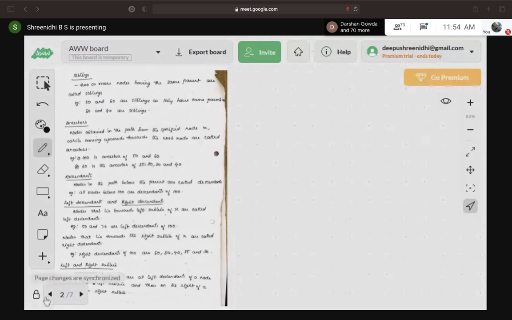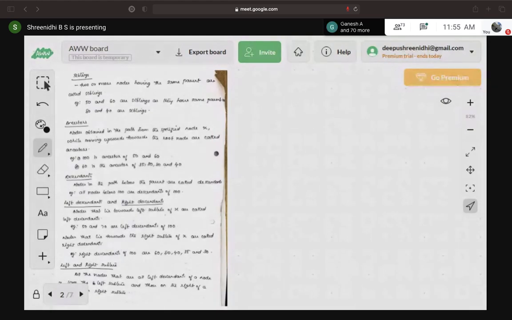Similarly, we have siblings. What do you mean by siblings? There we had one tree with 1, 2 and 3.